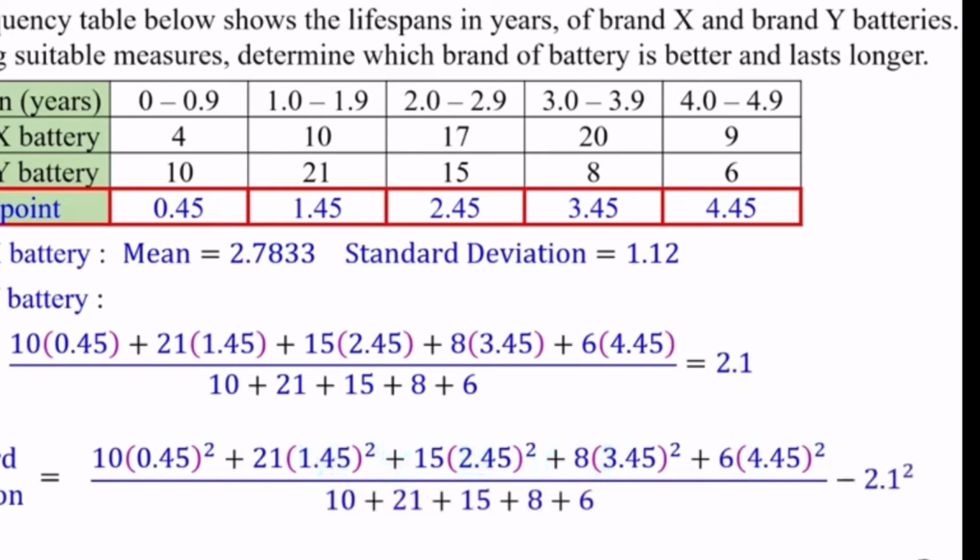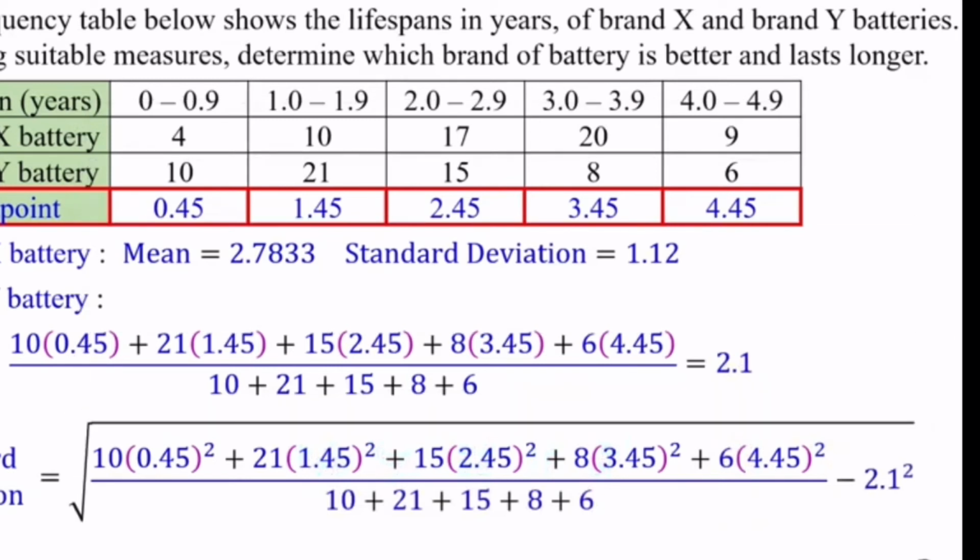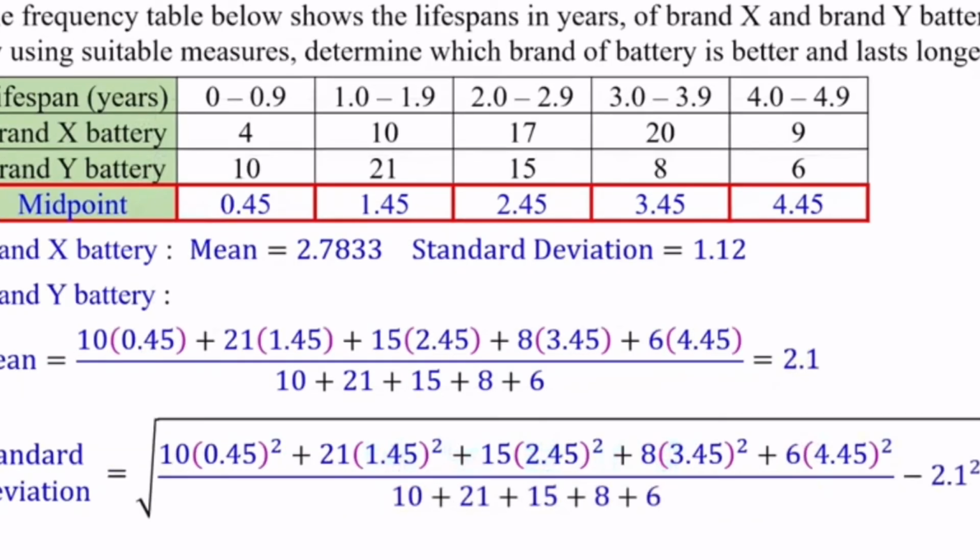You have to divide by frequency first before you subtract 2.1 squared. And then we need to square root the answer to get the standard deviation. So the standard deviation for the brand Y battery is 1.19. That is the answer.